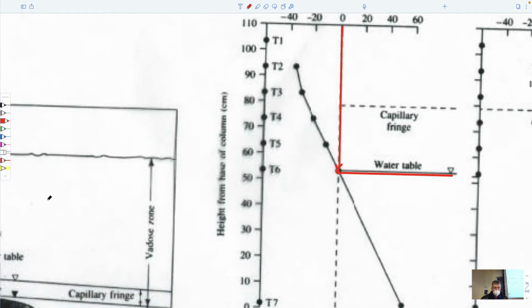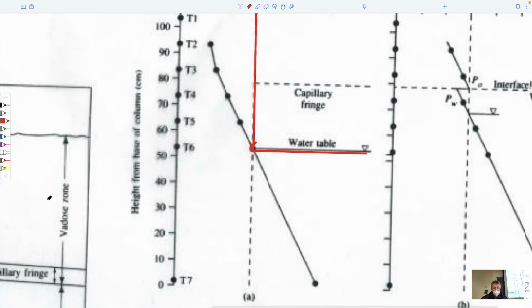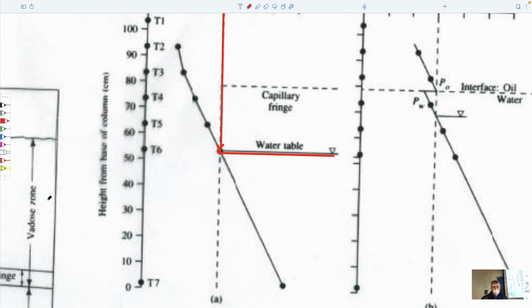And it's tension saturated because a bubble of air can't move into it, because the pore space is too small. But if we could measure the pressures below that, we'd find that the pressure here was equal to, what? P equals gamma W Z, perhaps H, right?